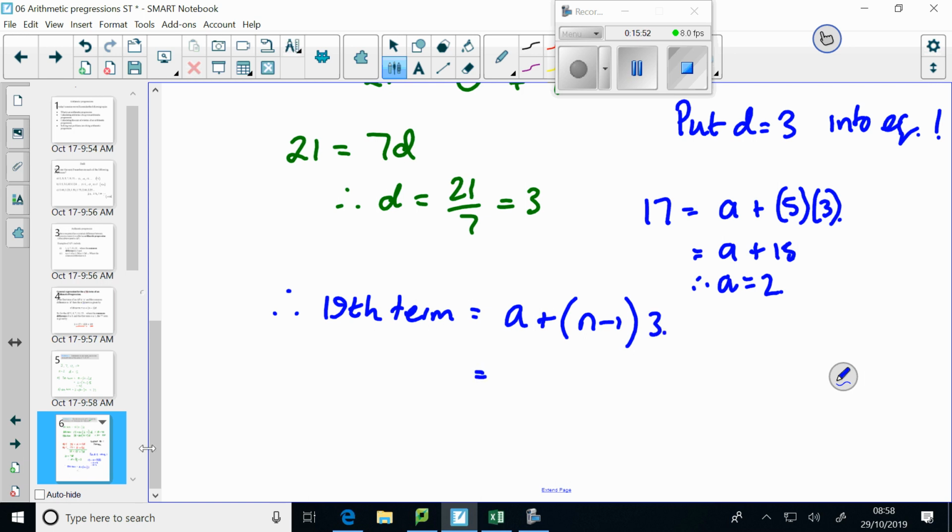A we found to be 2. N is the 19th term we're looking for. Multiply that by 3. So that's 18. 3 18s are, darts players should know, 54. Am I right? So that's 56.